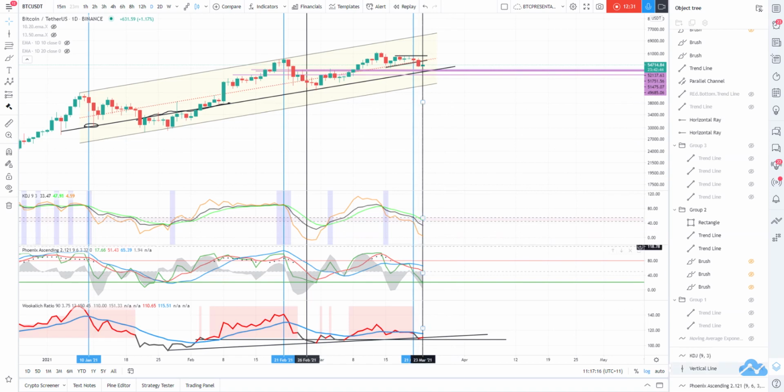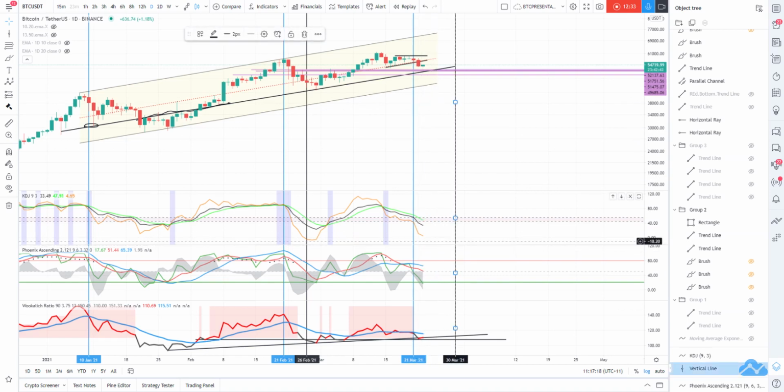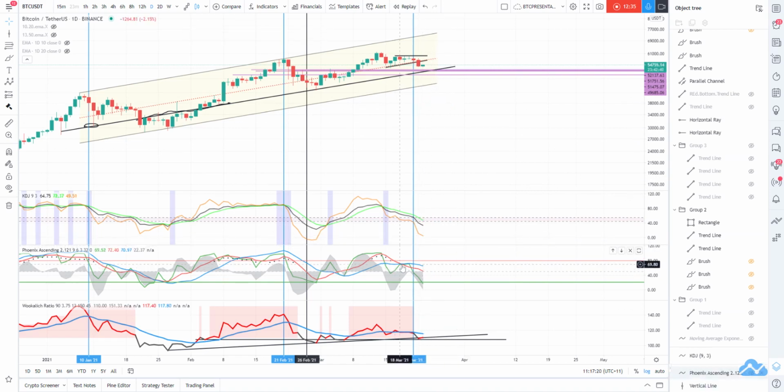So if that's the case, it does support the theory that we will hit this support line there. We have this green, black, and red past the 50%, meaning that we're having a deeper correction. So it does support my suggestion that this support line will be next. And then we'll reassess.